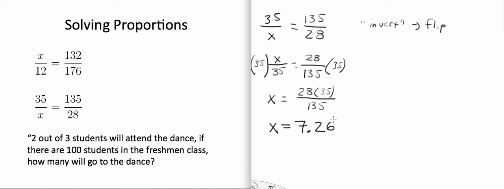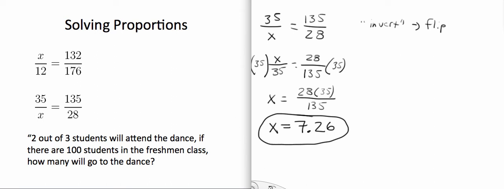So this would be our final answer. And as I said before, we can always do cross multiplication. This times this, that times that. You'll see that we're doing the exact same steps here using this undoing division idea.